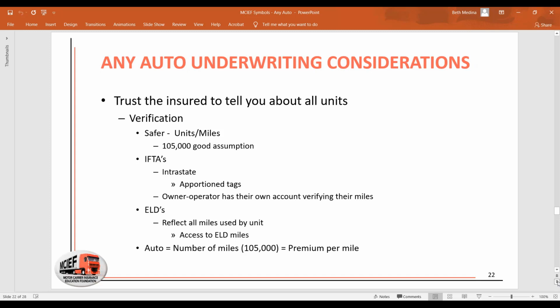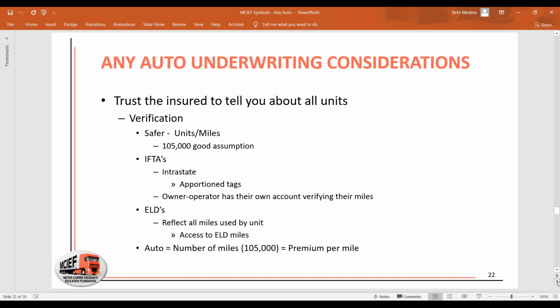You also need to find out if the owner-operator has their own account. An owner-operator can have their own tax reporting account for IFTA. It's sometimes a benefit to the motor carrier because of the way IFTA works, depending on the state they buy their fuel in, whether it's a state with a high road tax or a low road tax. At the end of the quarter, the IFTA holder reports all miles traveled in all states.